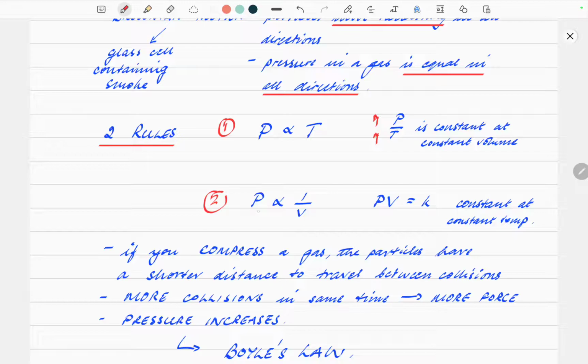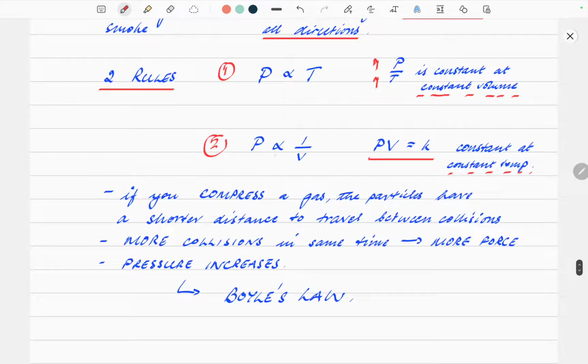Second one, pressure is inversely proportional to volume. So if you increase the volume, then the pressure goes down. If you compress a gas, i.e., you reduce the volume, then the pressure will go up. And the rule for that is that pressure times volume is a constant at constant temperature, as long as the temperature doesn't change. In the previous one, pressure over temperature is constant, again at constant volume.